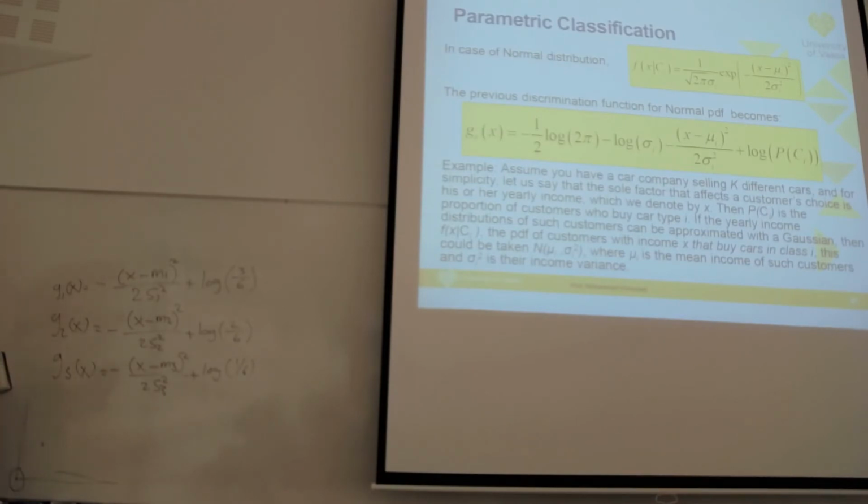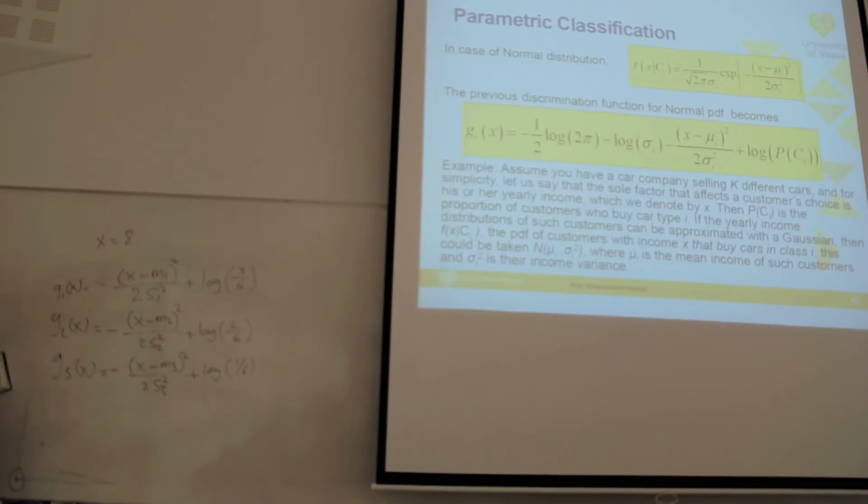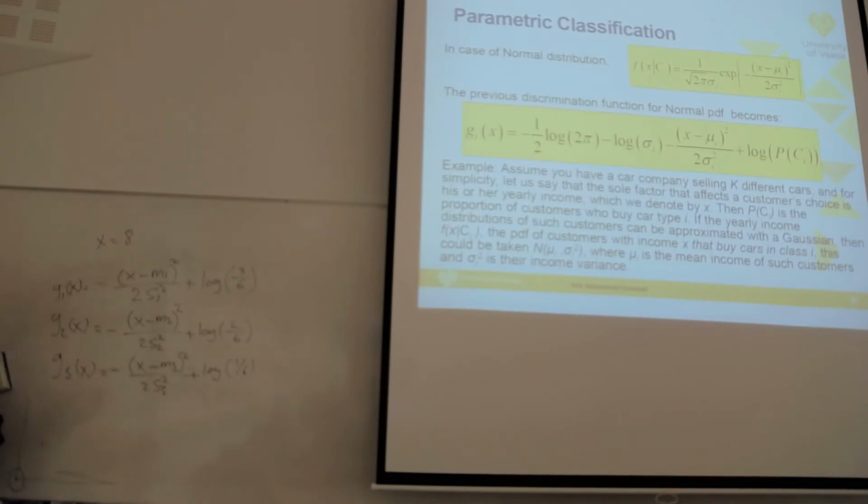Now in your computer, you put these 3 functions. If you have a new customer whose salary, let's say, is 8,000 euro per month, and you, as a salesman, would like to see in which area of your stock you will take this customer.